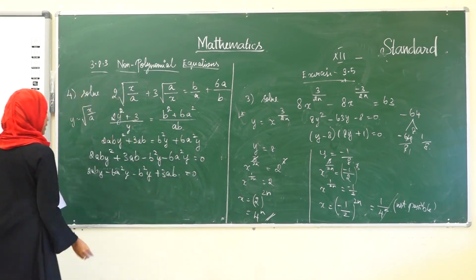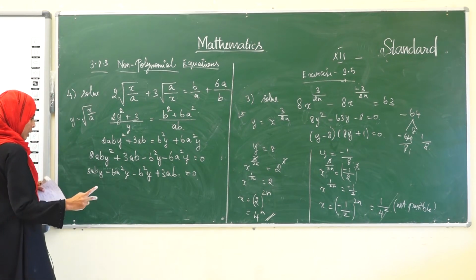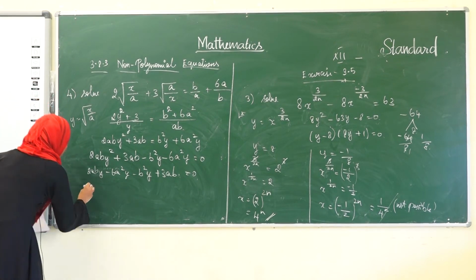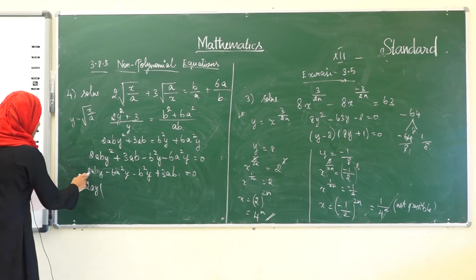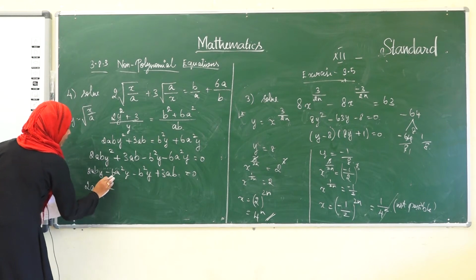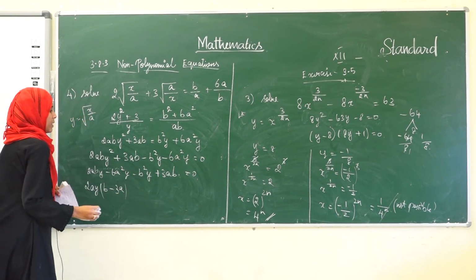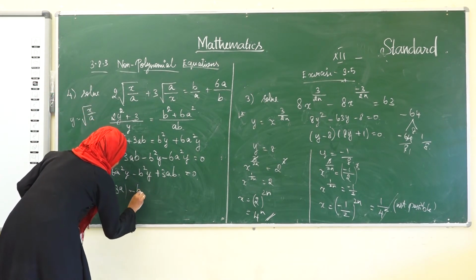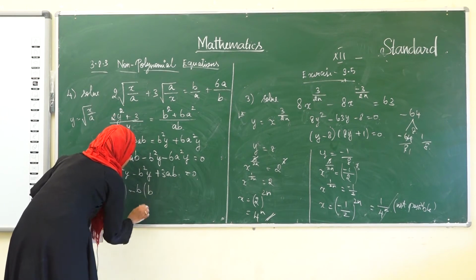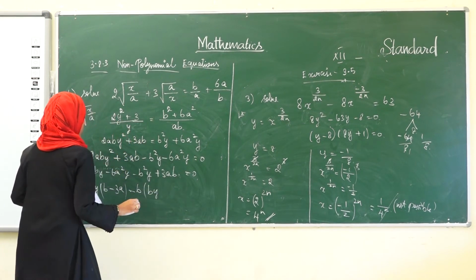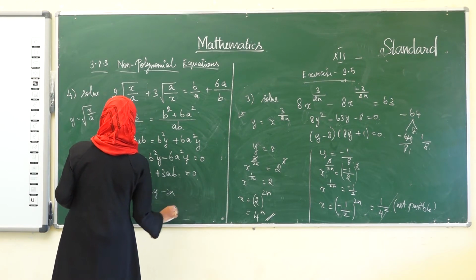See here, in the first two terms, what we can take common: 2, 1a and 1y. Therefore, let us take 2ay. When we take 2ay, here it is only b. When we take 2ay, we get b y minus 3a. And here let us take minus b outside. What's the value we get? 1b will be here and y minus 3a.